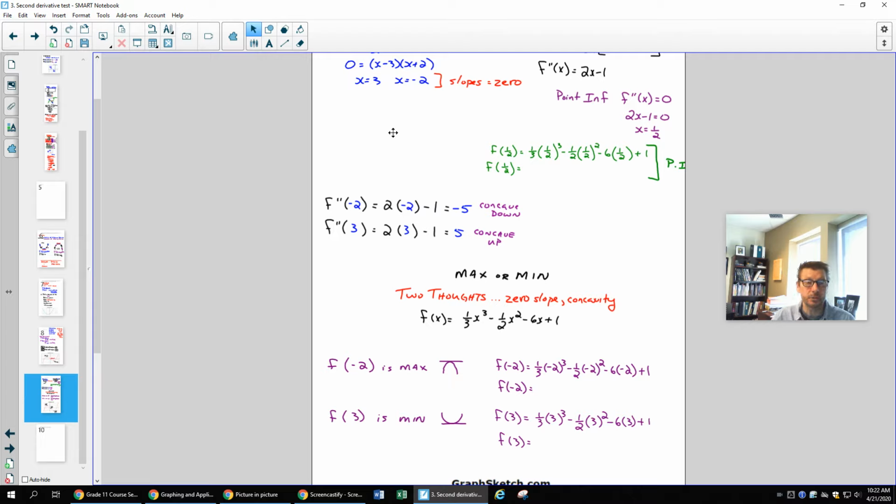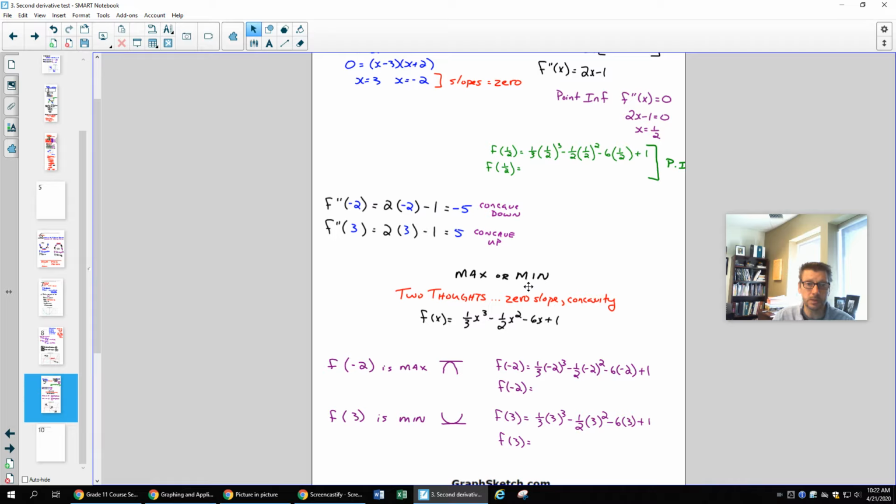So what we're saying with our derivative test is my slope is 0 at -2. What kind of concavity do I have at -2? And I plug it into 2x minus 1 for my second derivative, -5. So when my x is -2, I am concave down. When my x is 3, 2 times 3 minus 1 is 5, I am concave up.